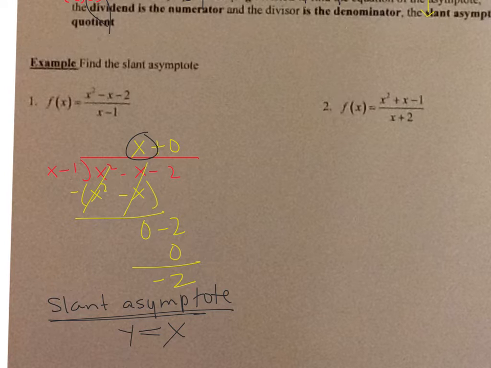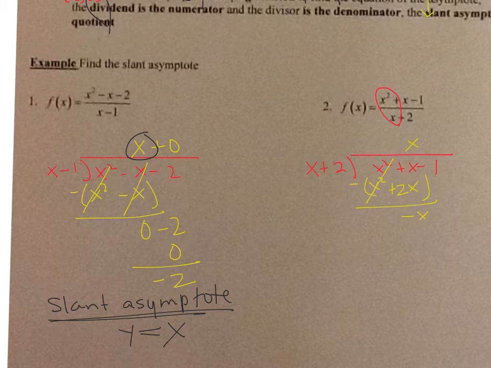All right, so let's try the next one. I have x squared and x, so my numerator degree is one more than my denominator degree. So that's x plus 2 divided into x squared plus x minus 1. I have x, I multiply down, I get x squared plus 2x.